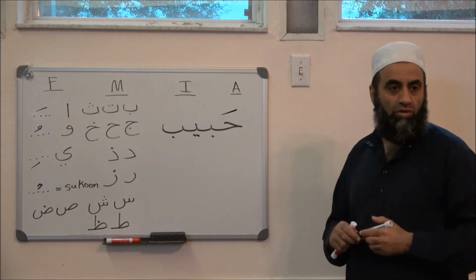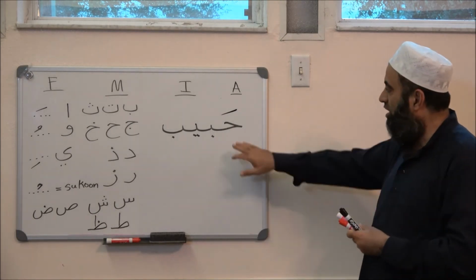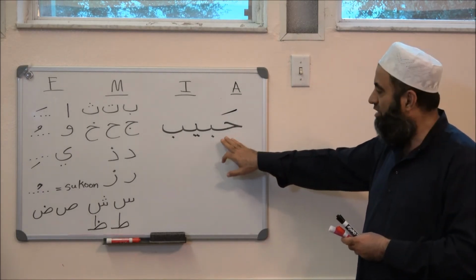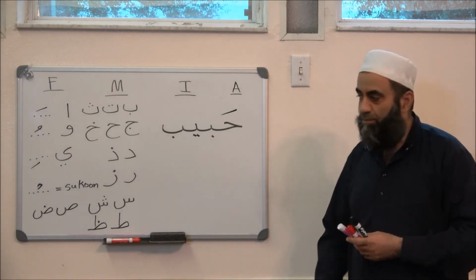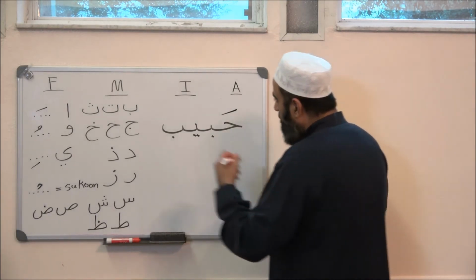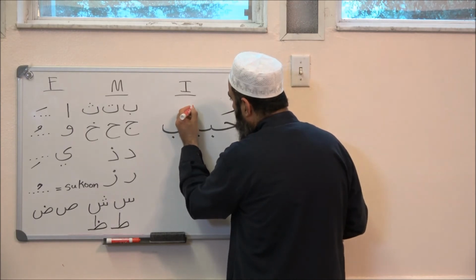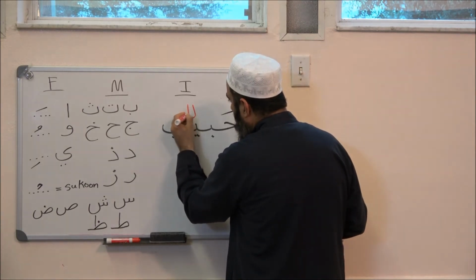Very similar to the word tabib. We just changed the ha, right? Ha-bib, Habib. So if you want to refer to Muhammad sallallahu alaihi wasallam, you just write the word Allah.